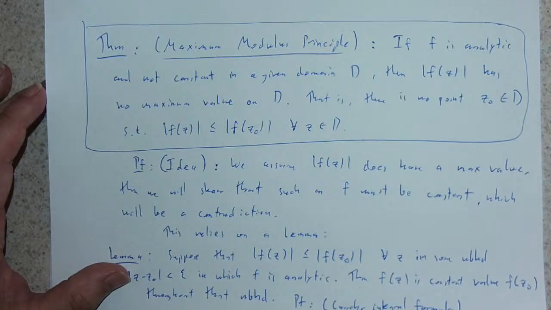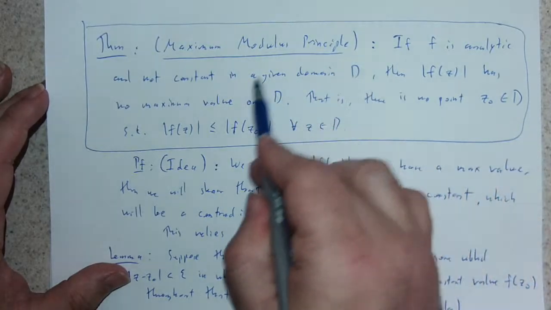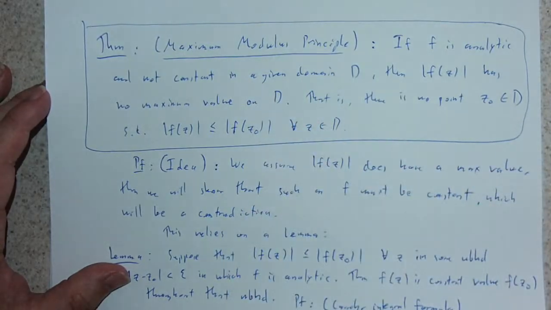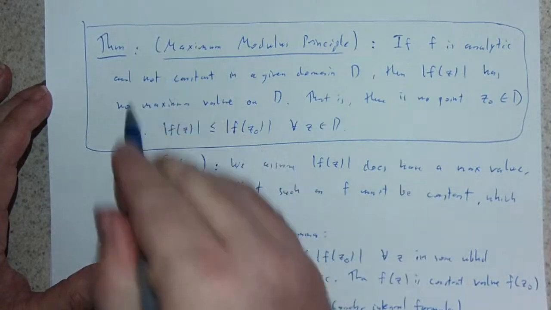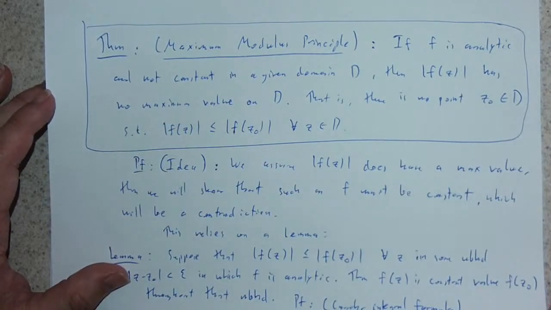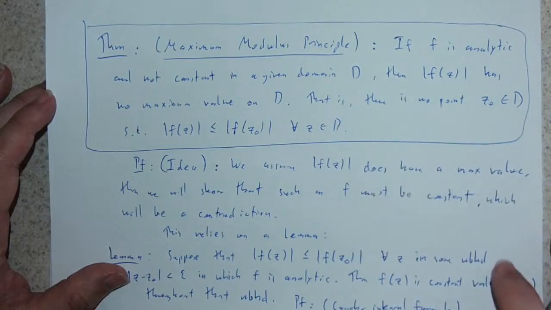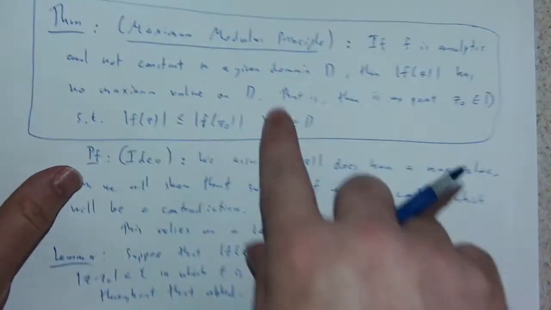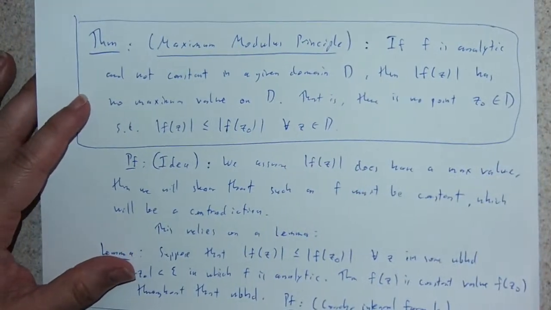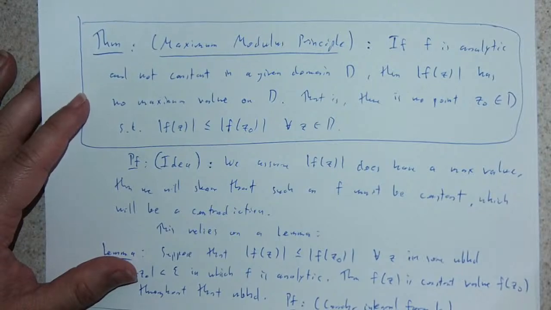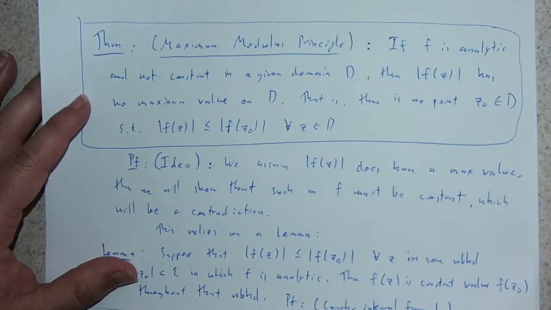So it's very important that this is on a domain D. This maximum modulus principle is going to be very, very false on a closed and bounded set. And so to see an application of this to parts of a closed and bounded set that are open, say its interior, right?